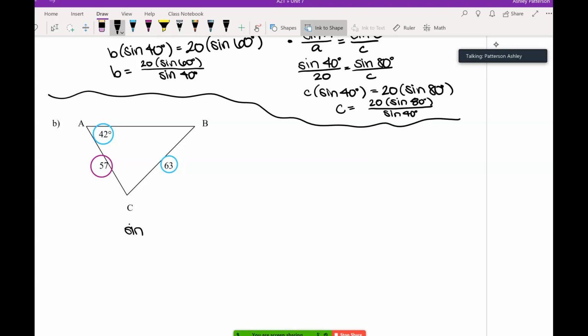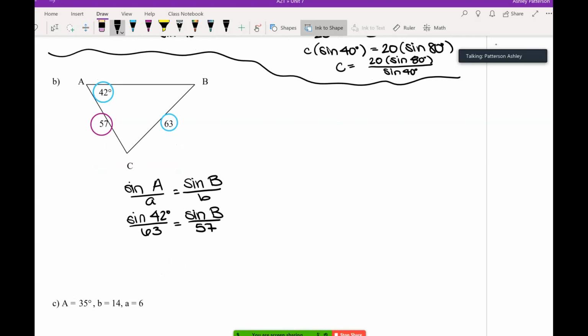The sine of angle A over little a is going to be equal to the sine of big B over little b. I just realized what time it is, so I'm going to talk really fast, really sorry. Okay, so we have the sine of 42 degrees over 63 is equal to the sine of angle B over 57. Heads up, we're going to have to use the inverse because we're finding the angle measure.